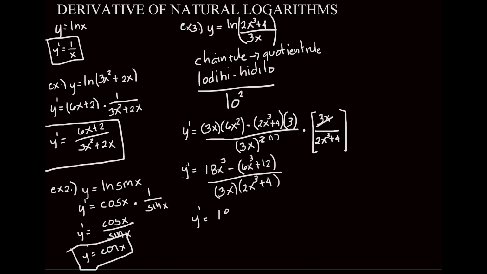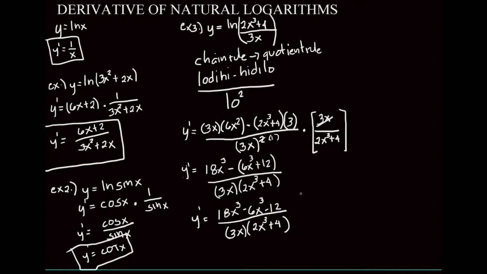We could still further simplify this as 18x cubed minus 6x cubed minus 12 over 3x multiplied to 2x cubed plus 4. I think we could combine like terms at our numerator.